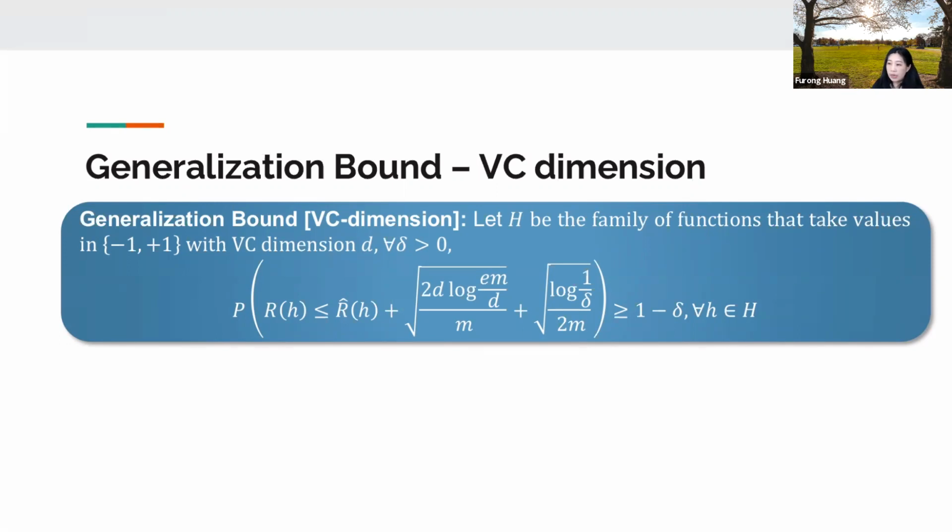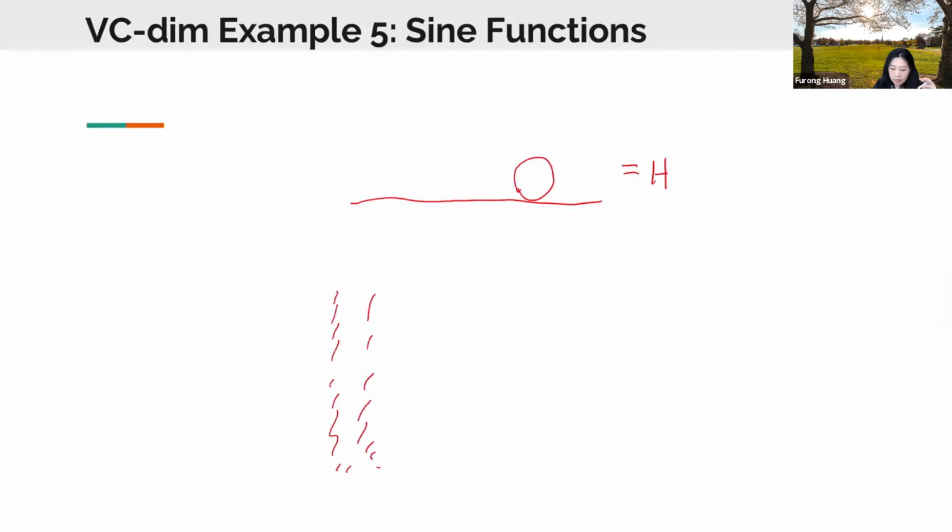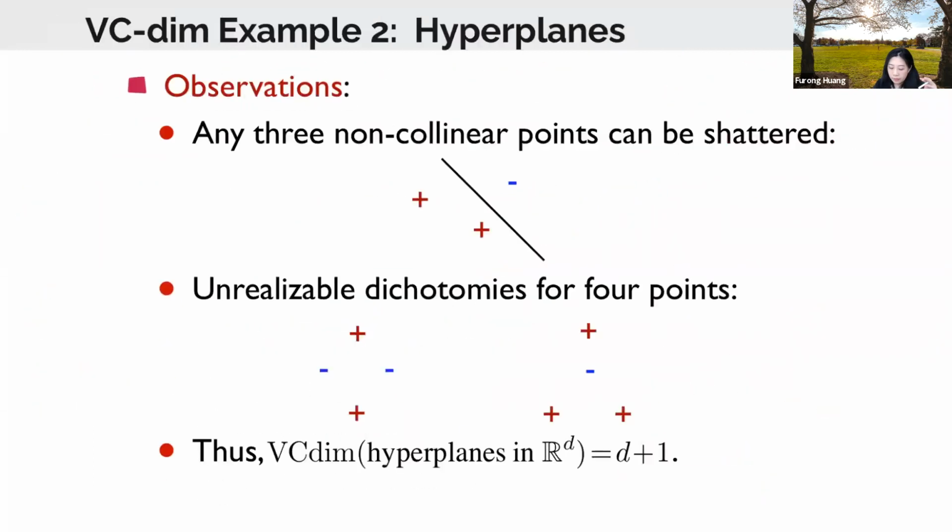However, this generalization gap depends on the number of examples as well as the complexity of your hypothesis class. You can imagine a neural network has a higher complexity, VC dimension, let's say. Whereas for a linear classifier, remember what is the VC dimension? D+1, okay?